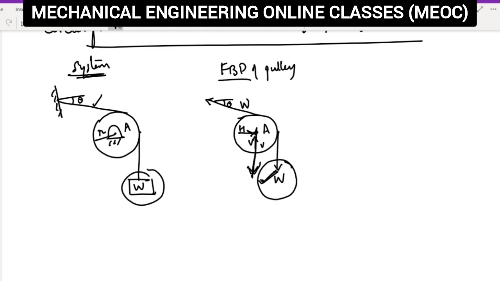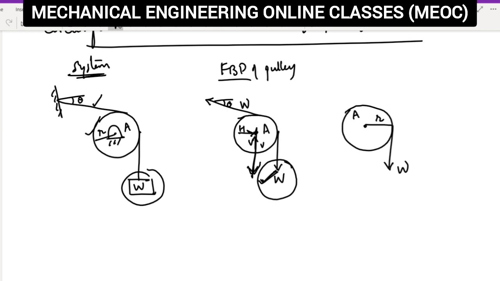The effect should not change. Here this is W, this is point A, and the perpendicular distance is R, which is the radius of the pulley.